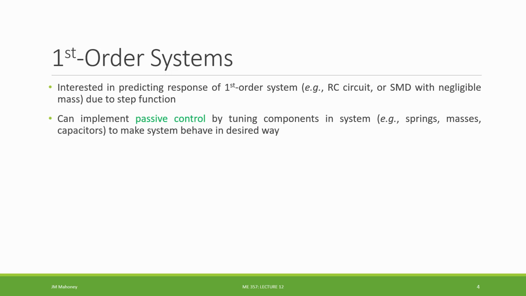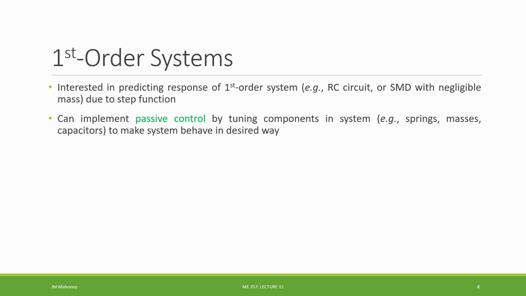So we could choose the spring constants, the capacitances of the capacitors, the resistances of the resistors, in such a way that our system is going to have some sort of response when it's at least affected by a step function for now. Now, when we get into Unit 3, talking about control, that's going to be active control, where we are going to be controlling what the actual input into the system is. Here, we're just selecting what the elements are that make up our system.